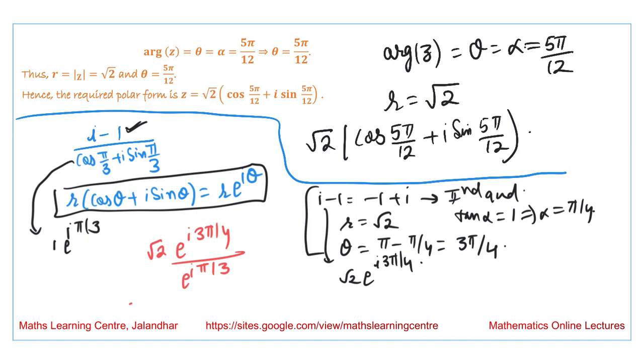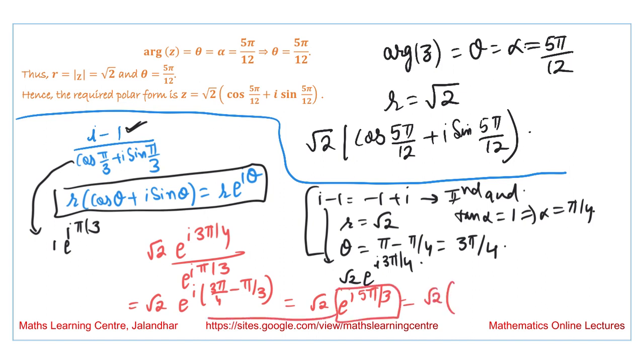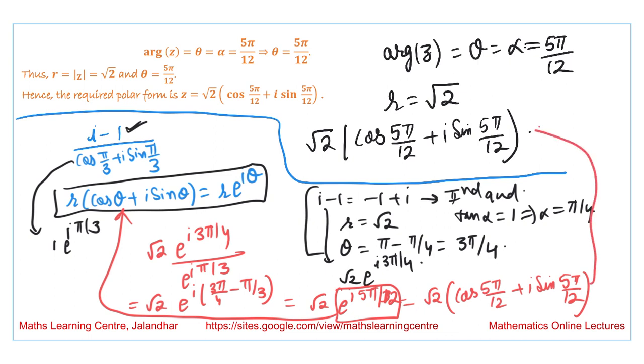We will obtain root 2 e raised to the power iota (3 pi by 4 minus pi by 3), which is equal to root 2 e raised to the power iota 5 pi by 12. Again using this formula, we get root 2 cos of 5 pi by 12 plus iota sine 5 pi by 12. So this is the same answer we obtained.